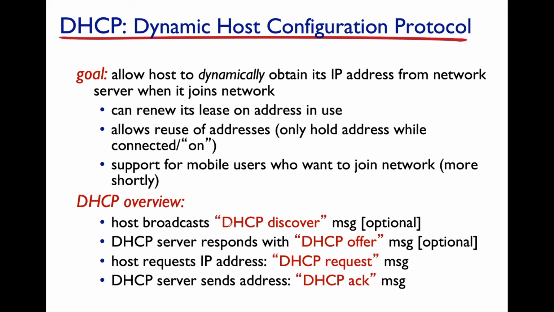Now, I said on the network, not across the internet. So this discovery message is broadcast, and the DHCP server is one of the things that receives this broadcast. It's a controversial thing to forward broadcasts across a router because you can end up flooding a network and wreaking a lot of havoc. But nonetheless, the DHCP server is on the network, and it receives this broadcast.